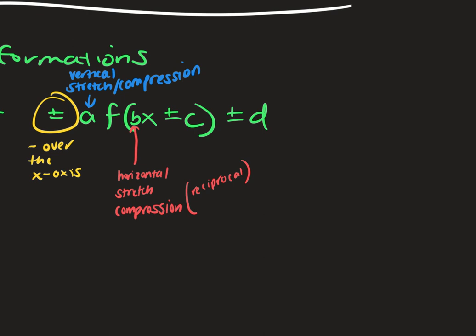So if inside said 2x, that's a compression by a factor of 1/2. So the stretch is if it is in between 0 and 1, and the compression is if it's greater than 1. It's the opposite of the vertical dilation.